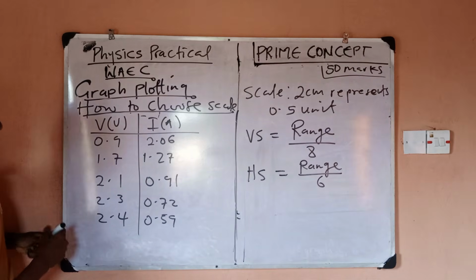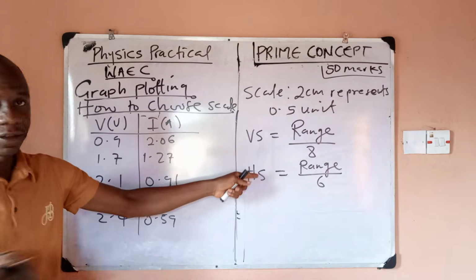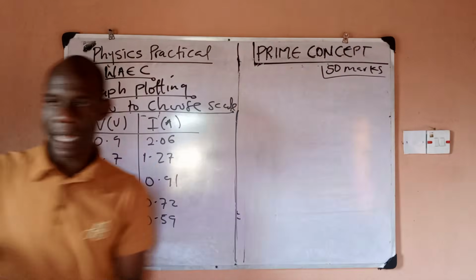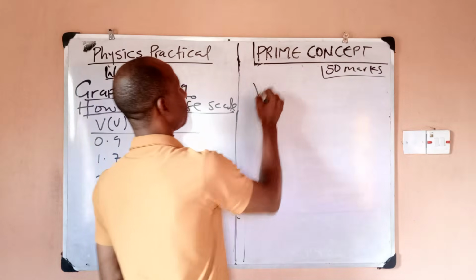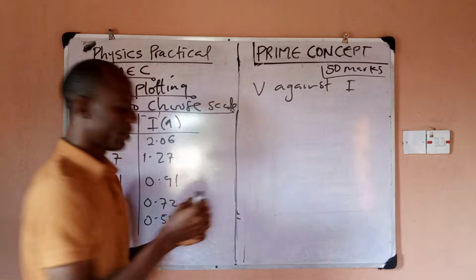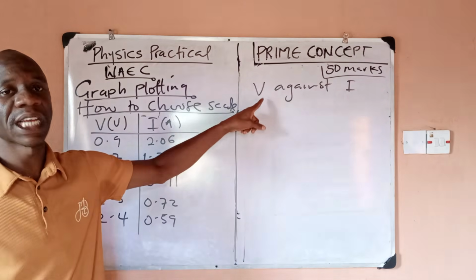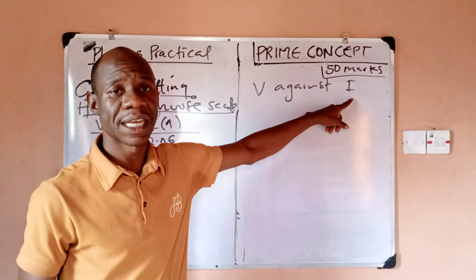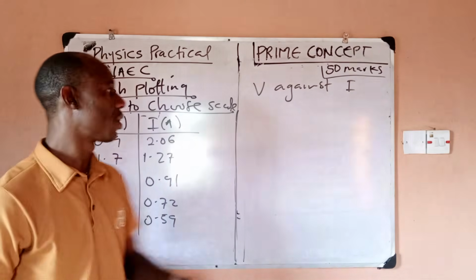Say we are plotting a graph of V against I. I'm sure you have taken note of the formula. This simply means we are plotting V on which axis? The vertical axis. You are correct. We're plotting I on which axis? The horizontal axis. You are correct again.